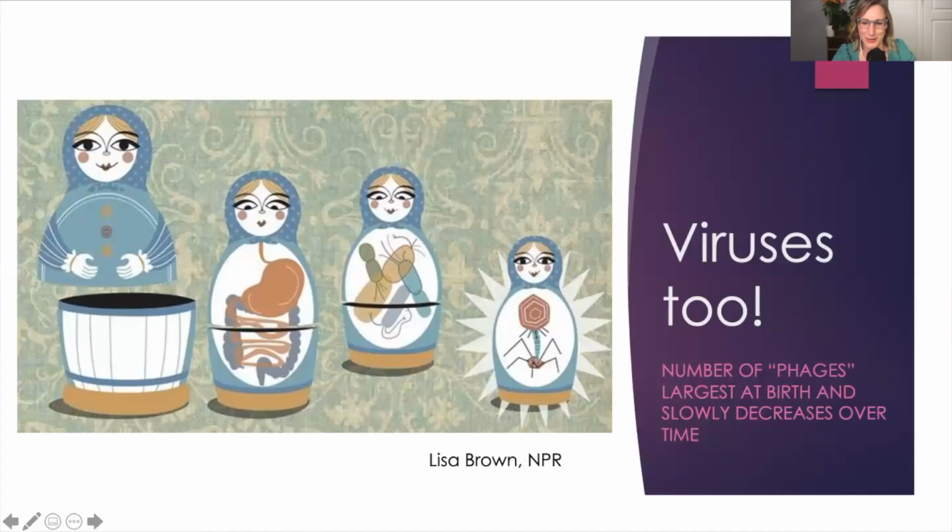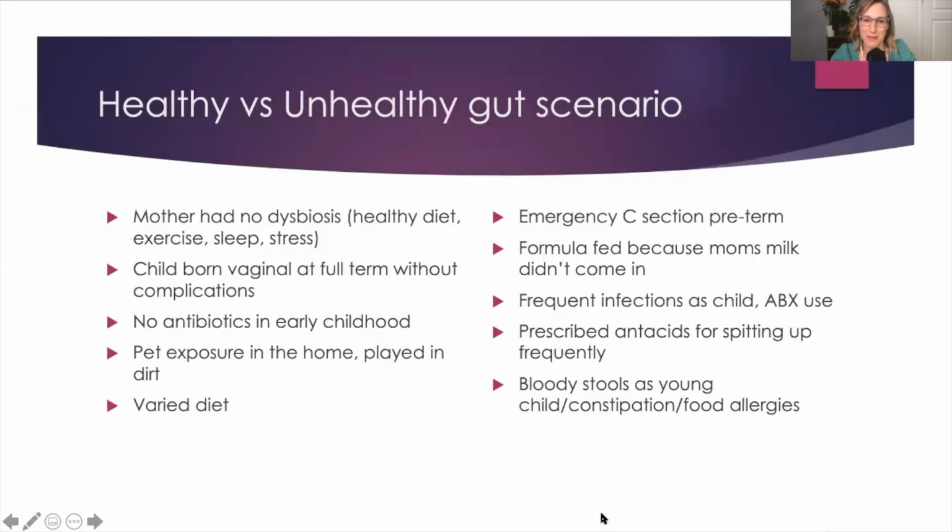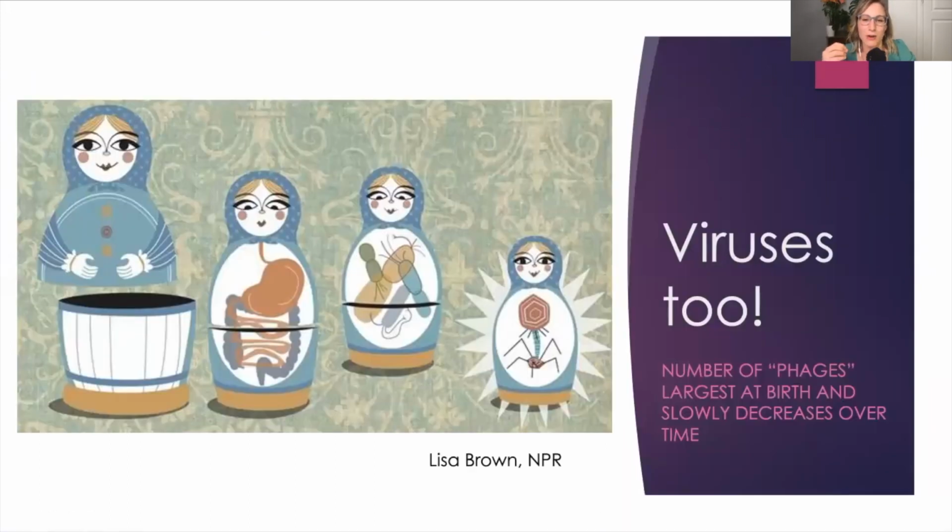Viruses too, okay? So right now, to date, there just isn't a lot of information yet about the role of viruses. However, what we do know is that the viruses in your gut, part of your gut microbiome, actually outnumber your bacteria by about a power of 3, which is a pretty exponential amount.